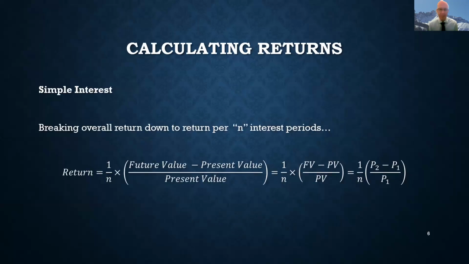That also equals 1 on n times FV less PV over PV, which also equals 1 on n times P2 less P1 over P1. And of course, as I said, I will use these approaches interchangeably throughout the unit. They all mean the same thing. They're all picking up the same numbers, all exactly the same approach. It's just that I'm referring to it in slightly different ways depending upon the situation, and n equals the number of interest periods.